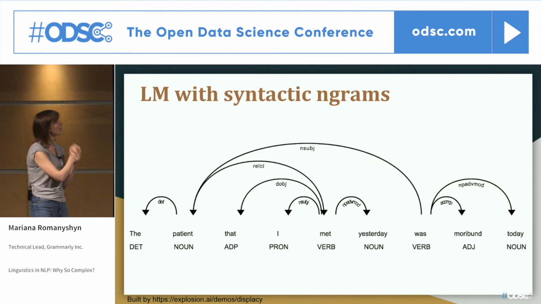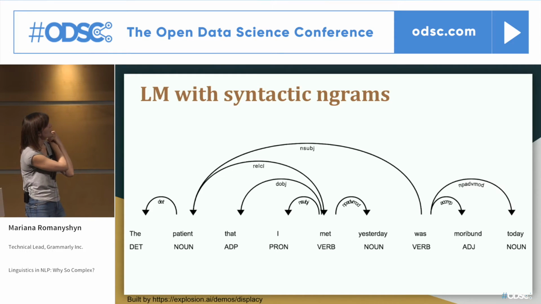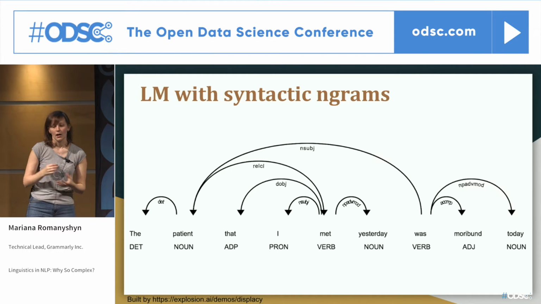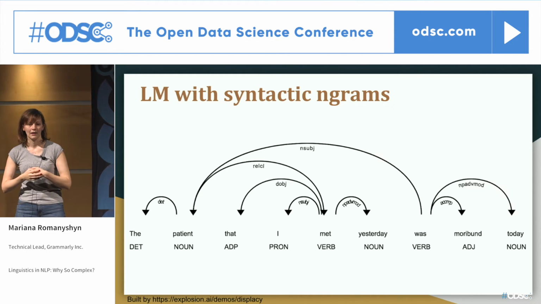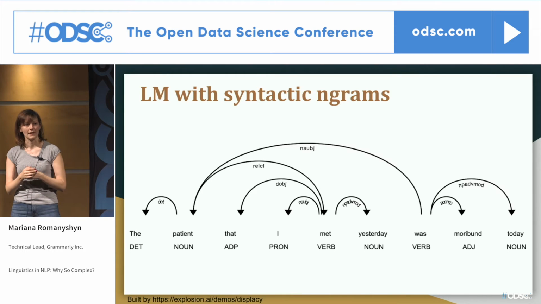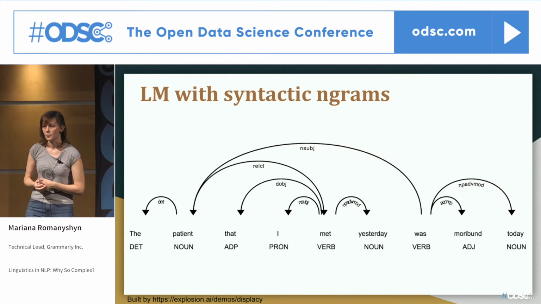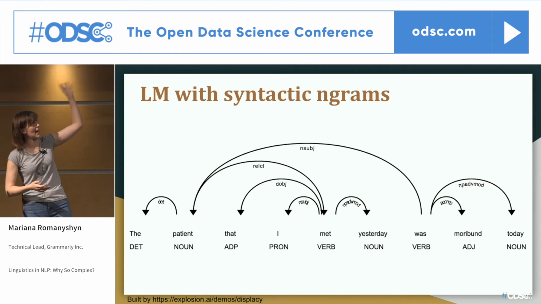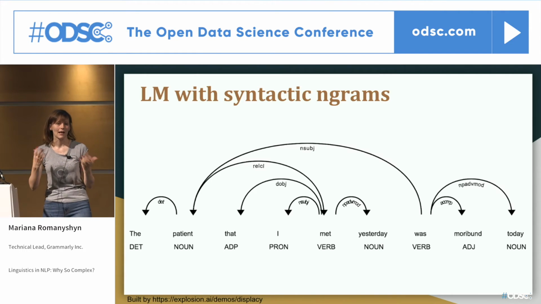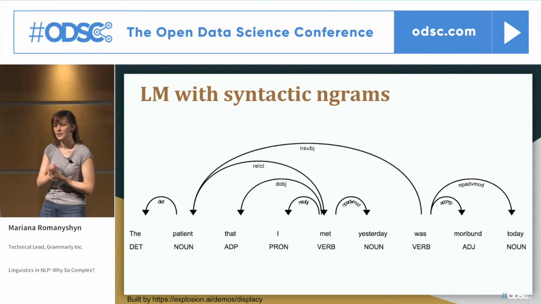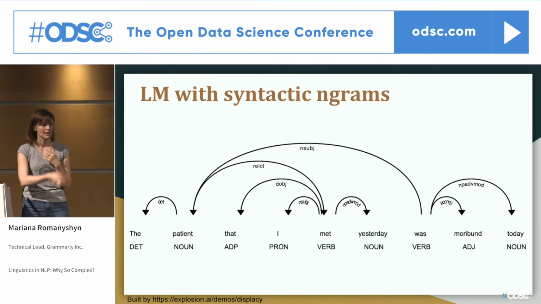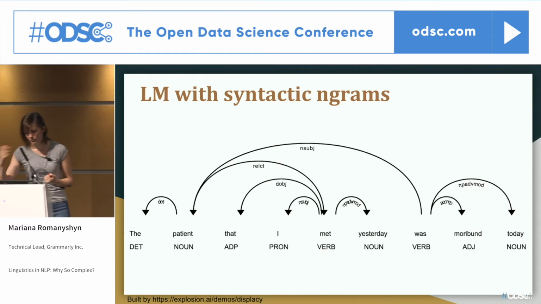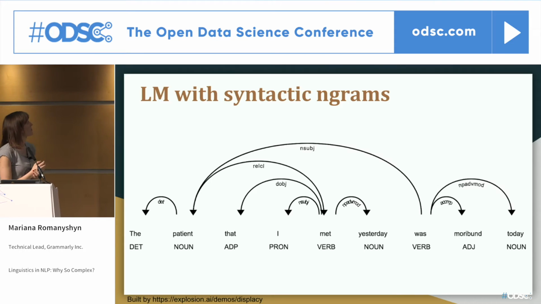The image that you see on the slide is a dependency tree, and dependency trees are built by dependency parsers. A dependency parser is a tool in natural language processing that gives you the syntactic structure of the sentence. There are many libraries available for syntactic parsing, like spaCy or Stanford CoreNLP, and I also linked them at the end of the presentation.